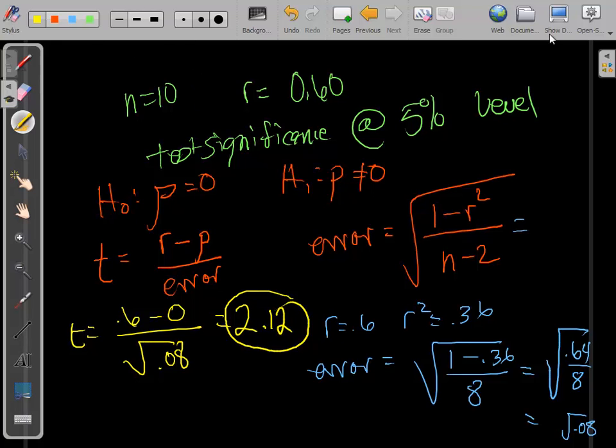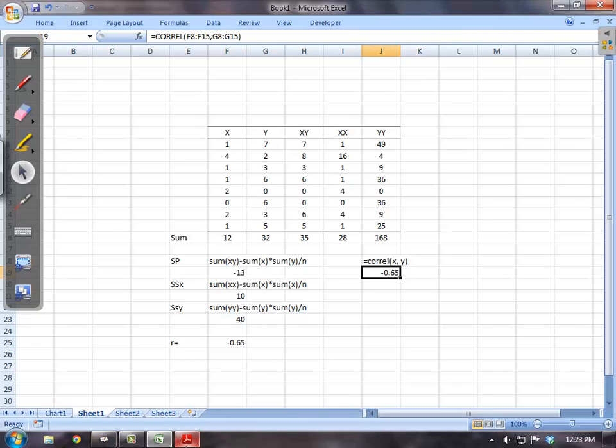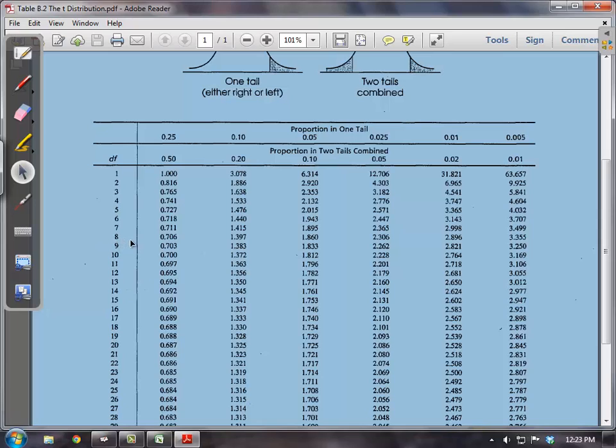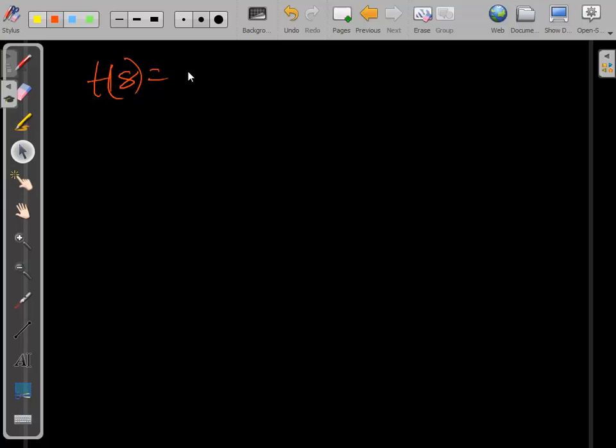If you think back to our t table, degrees of freedom here would be 8, since we throw out 1 for x and 1 for y. So t of 8, at the 5% level with two tails combined, is 2.306.